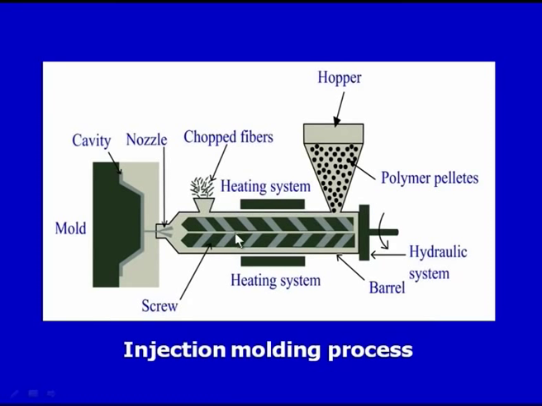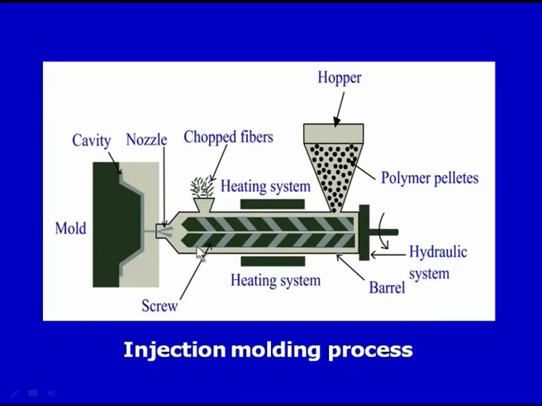This is the screw, you can see on your screen. So we have a screw, and a hopper in which we have the raw material in the form of polymer pellets, and there is a hydraulic system. We have the heating system here; you can see the barrel is heated to soften the polymer.